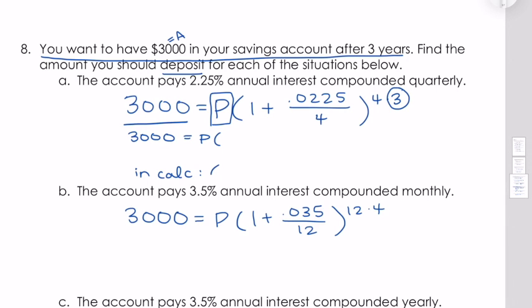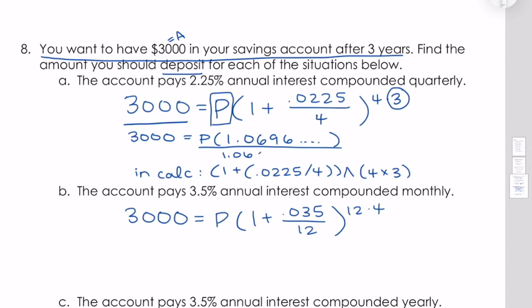So I'm going to go ahead and figure out in my calculator what all that stuff in parentheses raised to the power is, so that I can divide by it on both sides and get P by itself. When you enter that in your calculator, you should end up with 1.0696 and then a bunch of other decimals. So divide by that long number on both sides.